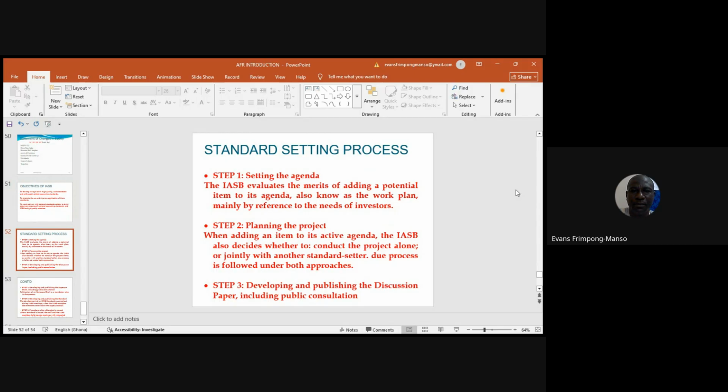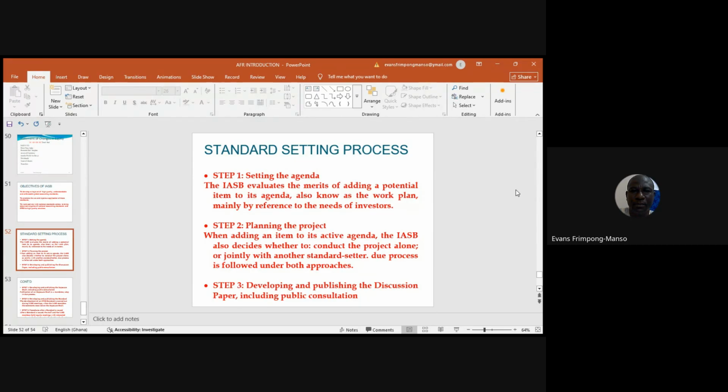How do they set the standard? There are 6 steps that must be followed to set up the standard.